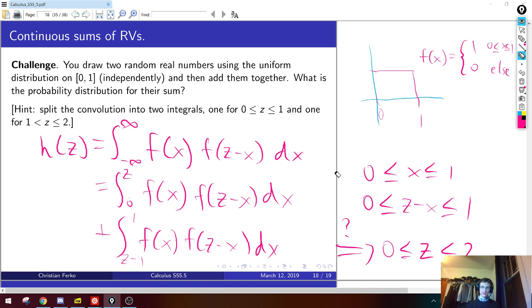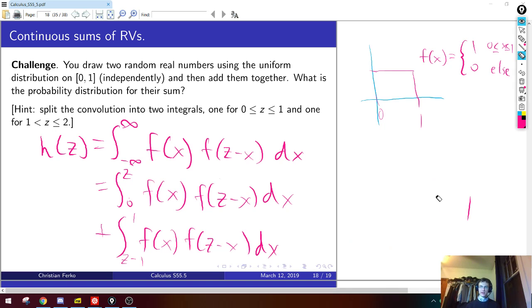The second one should be z minus 1 on the x up to 1, because at the lower bound, when x is z minus 1, then this is going to be z minus the quantity z minus 1, which is 1, right? But at most, when x equals 1, this is going to be z minus 1 on the second piece, and we know z lies between 1 and 2, right? So if you take a number between 1 and 2 and subtract 1, you're going to get something between 0 and 1.